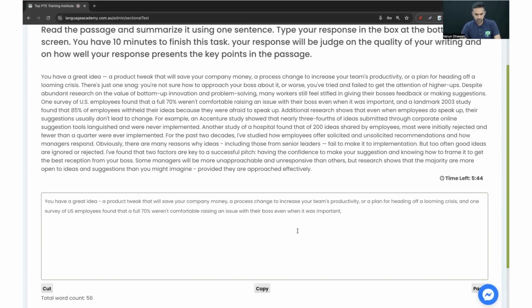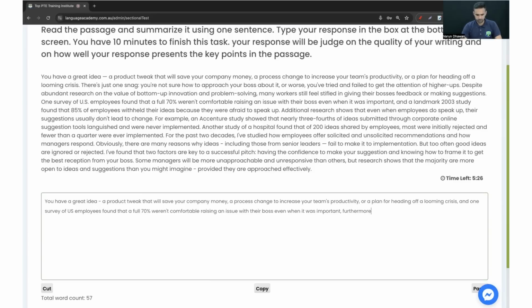We can still write 10-15 words. Let's see if we have got any short sentence. Okay.